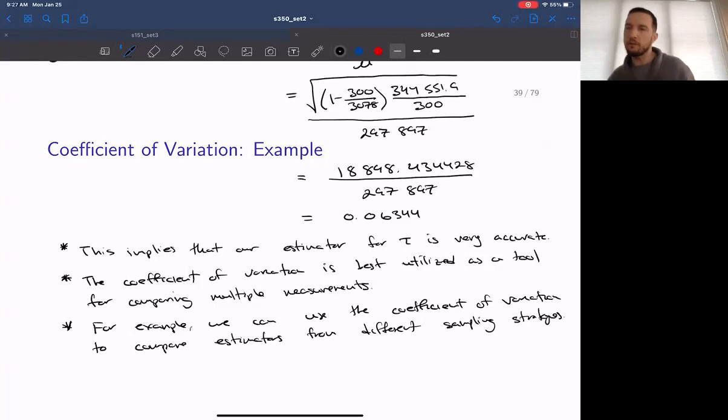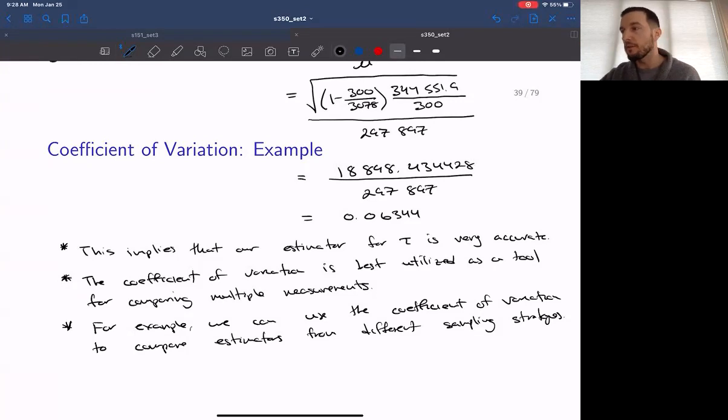So at this point, we've only talked about simple random sampling, but we're going to talk about systematic sampling, stratified sampling, cluster sampling. And from each of those different approaches, you will see that we end up with the same goal. So I've used stratified sampling and I want to estimate the population mean. I've used cluster sampling, I want to estimate the population mean.